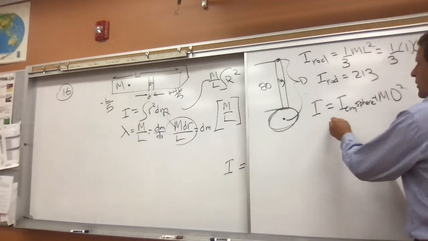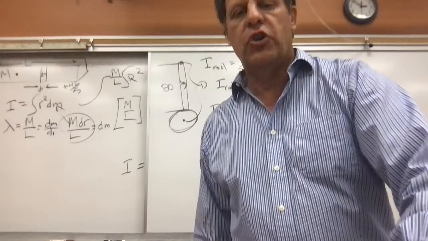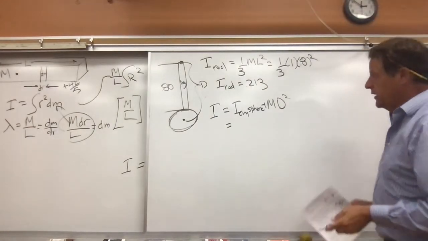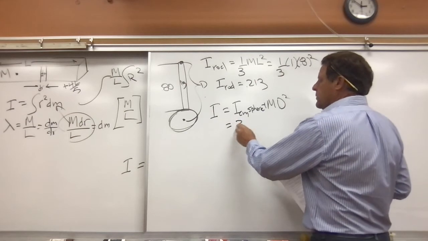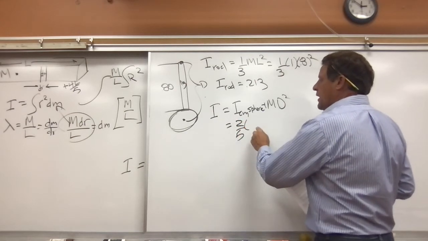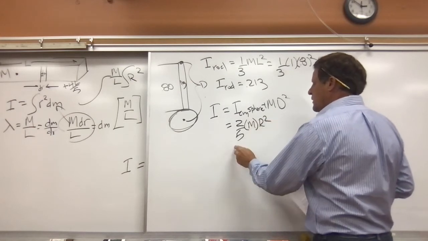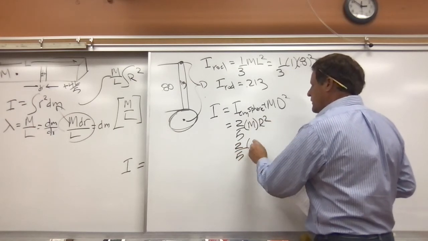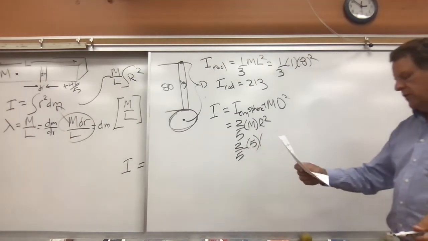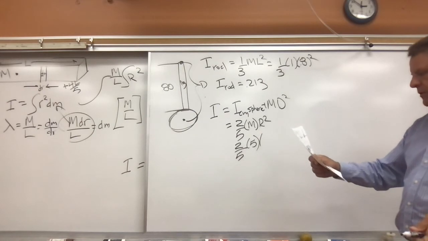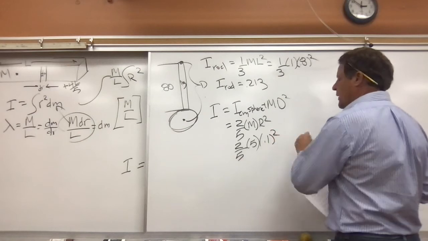Okay, so our equation for calculating the moment of inertia of a sphere is listed in your book, 288, I believe, or 248. Can't remember now. So we're going to have 2/5 m r squared. That's 2/5 times 5 kilograms times the radius, which is 0.1, squared.